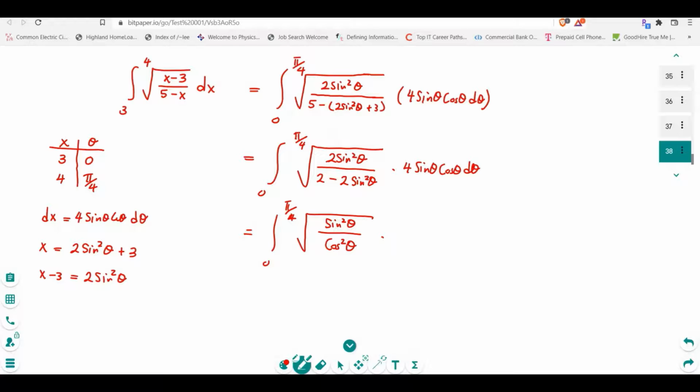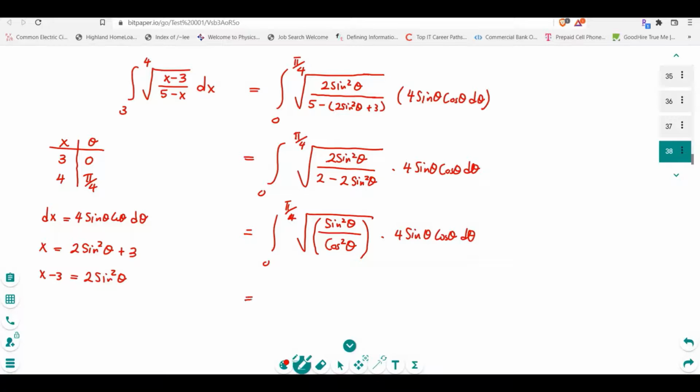And then here we have a 4 sine theta cosine theta d theta. The square root of sine squared theta over cosine squared theta is going to be tangent theta, because sine squared theta over cosine squared theta is tangent squared theta. When you take the square root, that would be tangent theta.